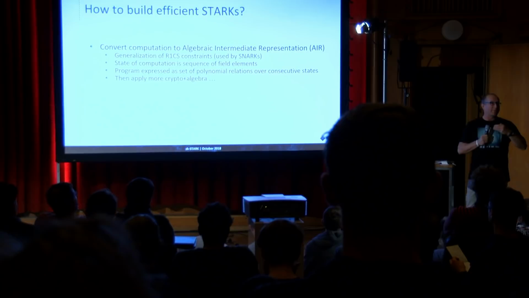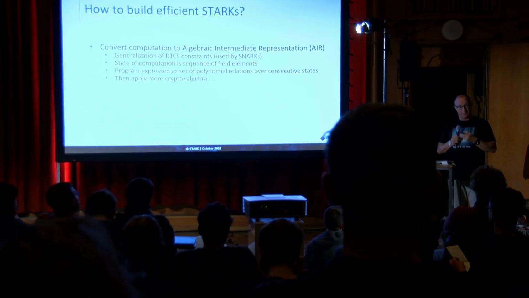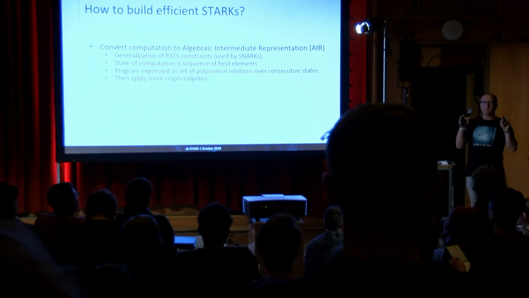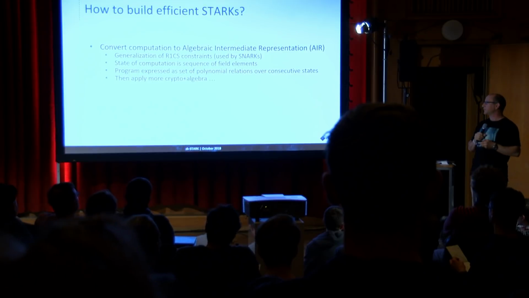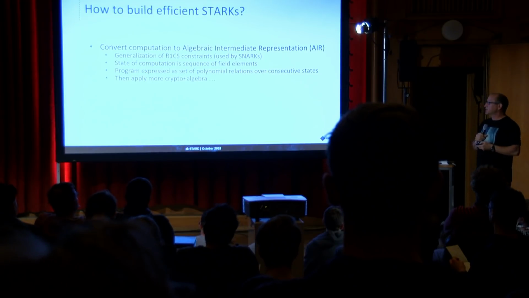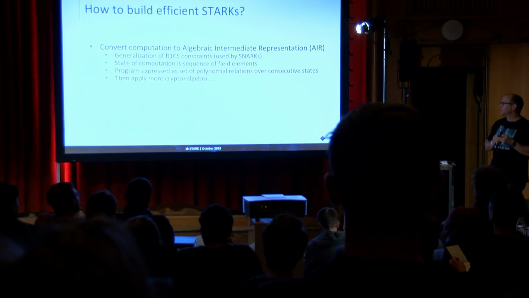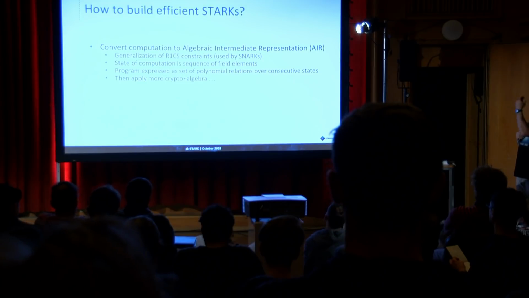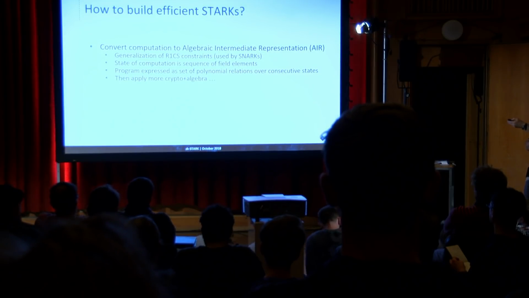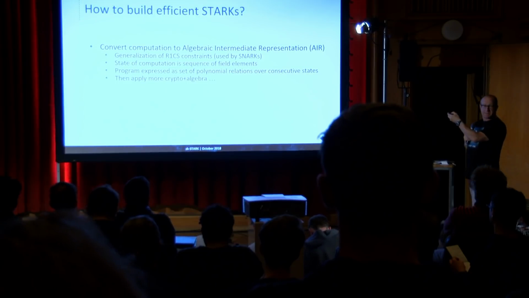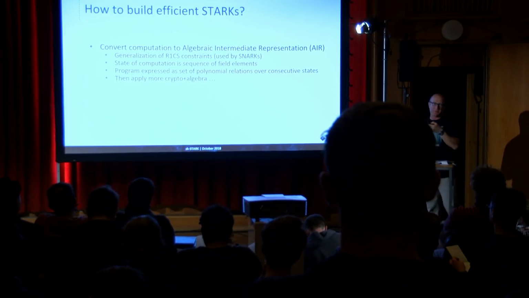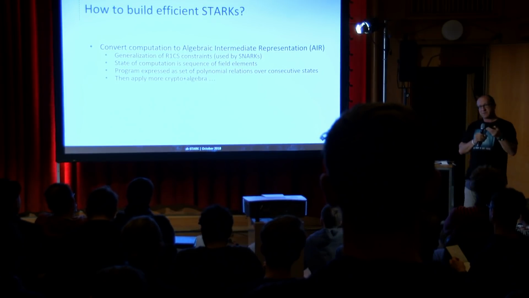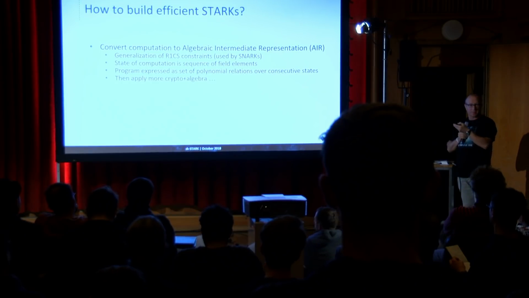You can work with constraints of larger degree than 2. That's perfectly fine with a Stark. You don't have to have this separation into 2 linear forms that you take a product of. So it's slightly more general, which is easier to use by developers. We take our computation and we convert it into one of these AIRs, and then the state of the computation is captured by a bunch of registers, where each register is a field element coming from some finite field.